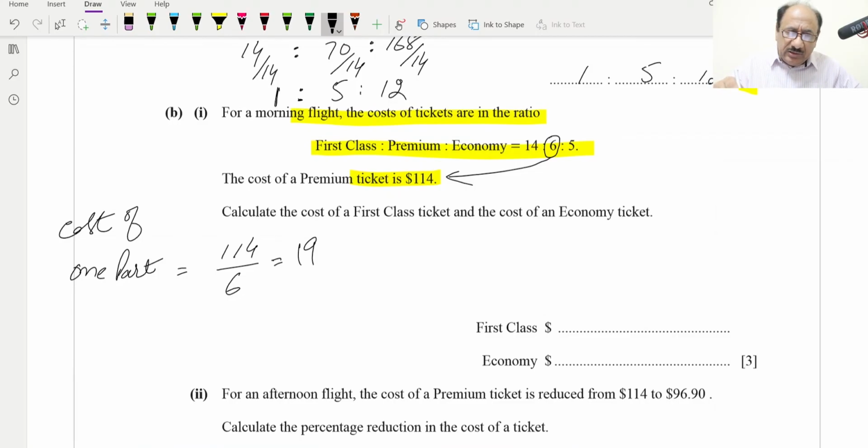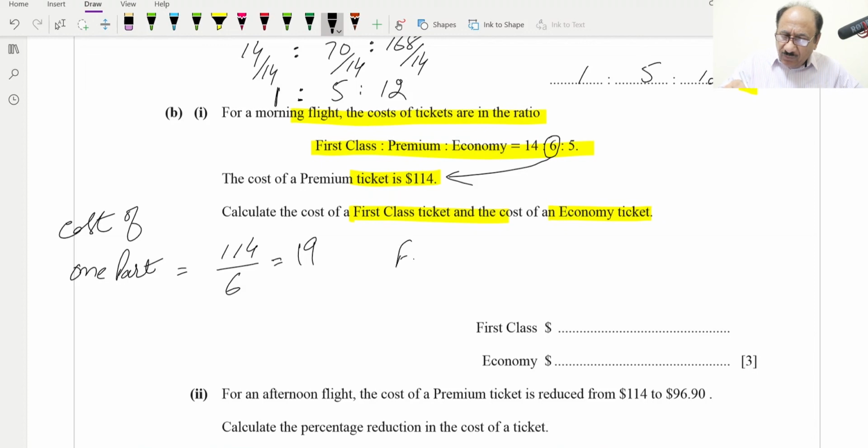So 19 is the cost of one part, and we have to calculate the cost of a first class ticket and the cost of an economy class ticket. So first class ticket is comprising 14 parts. So we will multiply.